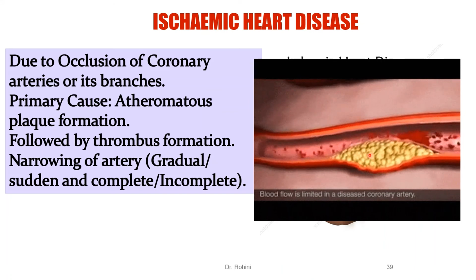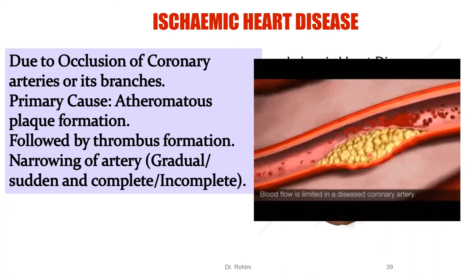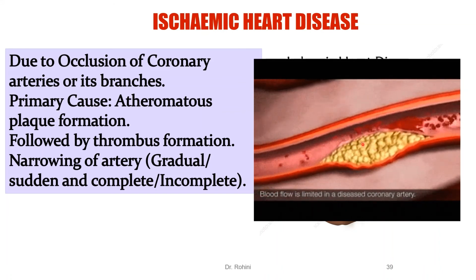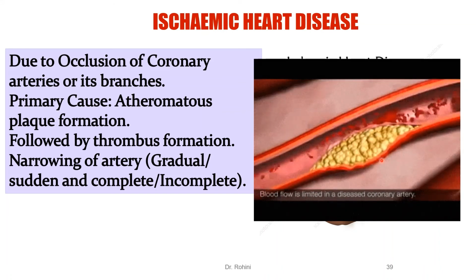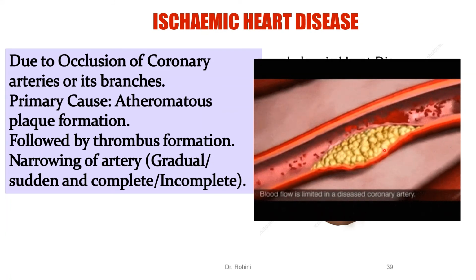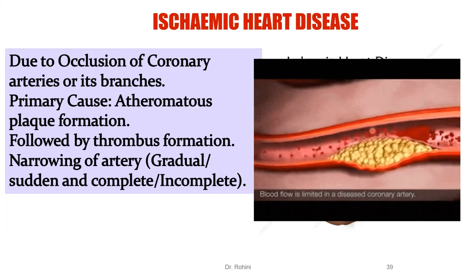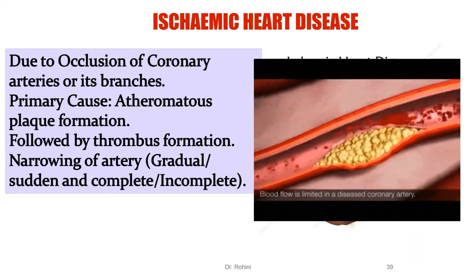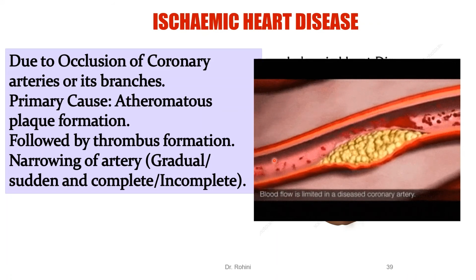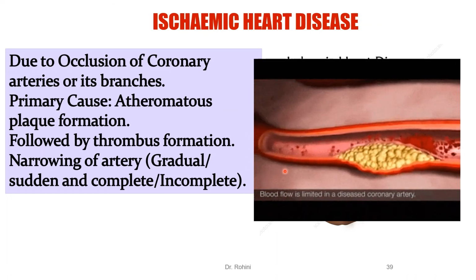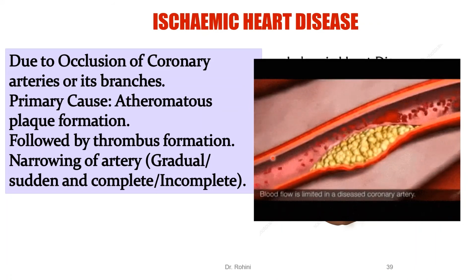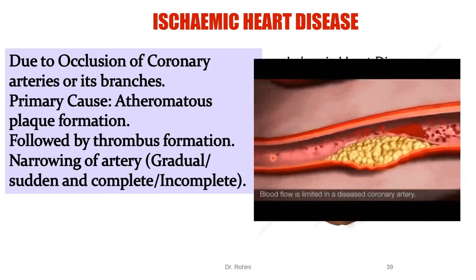What are the factors leading to formation of these atheromatous plaques? When they form in the wall, there are changes in the wall. A number of factors are responsible. This is a pathological process leading to narrowing of the lumen. Because so much blood is coming but less blood is passing forward, the area supplied by this narrowed artery gets less blood supply, and therefore less oxygen.